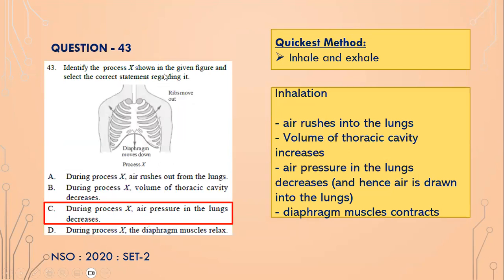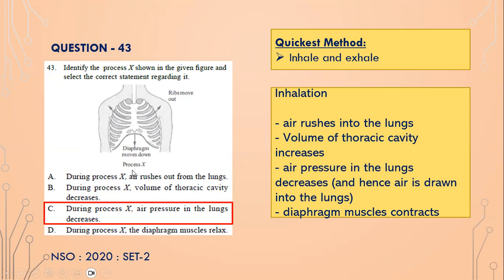Identify the process X shown in the given figure and select the correct statement. Again, an easy question. What is this process X? Ribs move out. When you breathe in, inhale, the ribs will move out, isn't it? The diaphragm will move down, and the volume of the thoracic cavity increases, and the air will rush into the lungs and not out of the lungs.